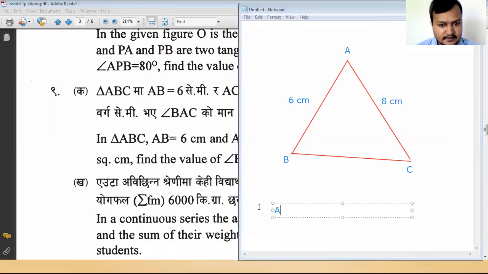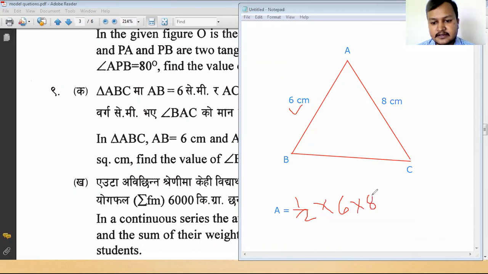If area is given, what is the formula to find out area? 1 by 2 into product of two sides into sine of the included angle, isn't it? 1 by 2 into 6 into 8 into sine of angle A, or we can say angle BAC.